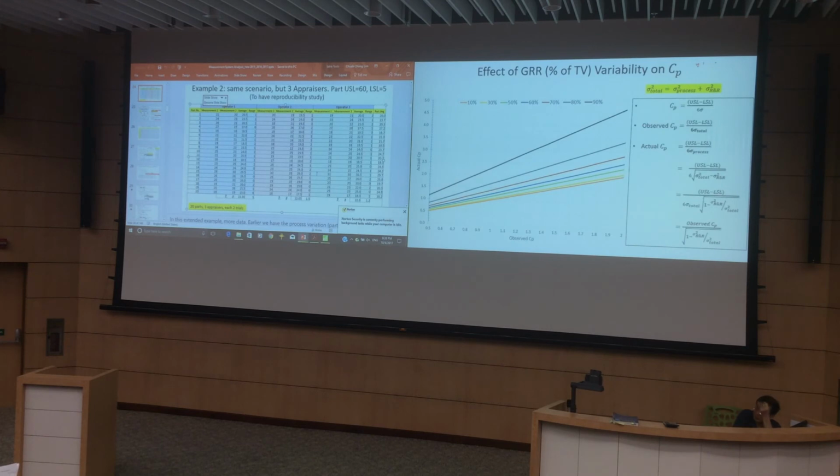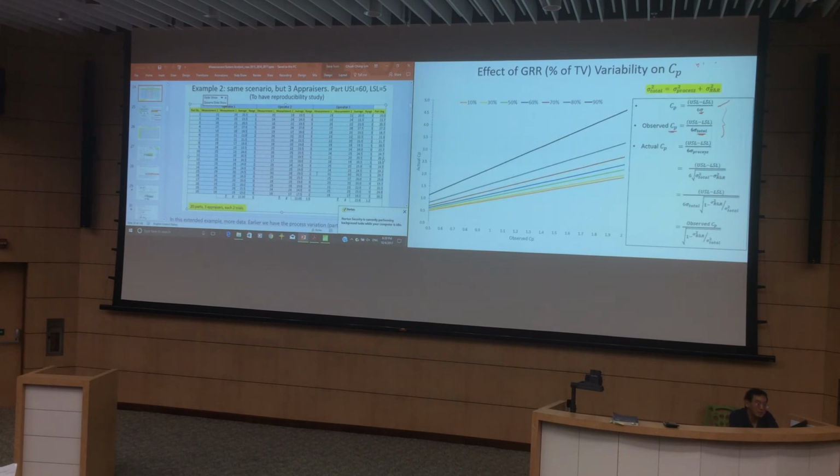But the true value of CP is your actual CP, where you know exactly what sigma is. Your observed CP is what you observe after you measure. So this is our definition. Use your equipment to measure, that's what you observe all the time.